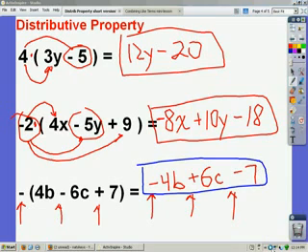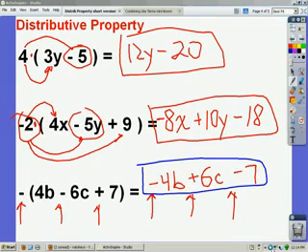Then negative 1 times negative 6c is positive 6c. And negative 1 times positive 7 is negative 7. If you're not sure how I got those positives and negatives, you have to review one of my previous videos, specifically addressing multiplication of positive and negative numbers.